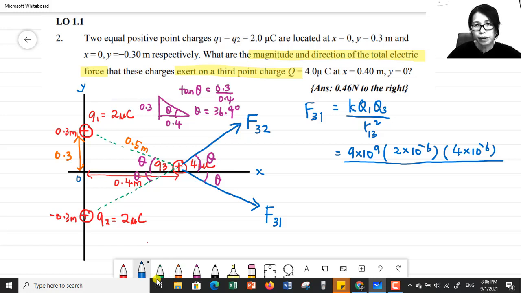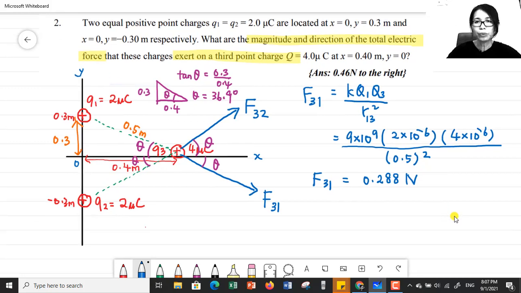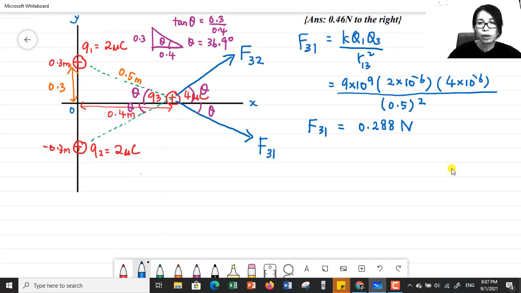So the separation is 0.5 squared. So we will get F31 will be 0.288 Newton. Then we calculate F32, so F32 will be K Q3 Q2 over R squared.